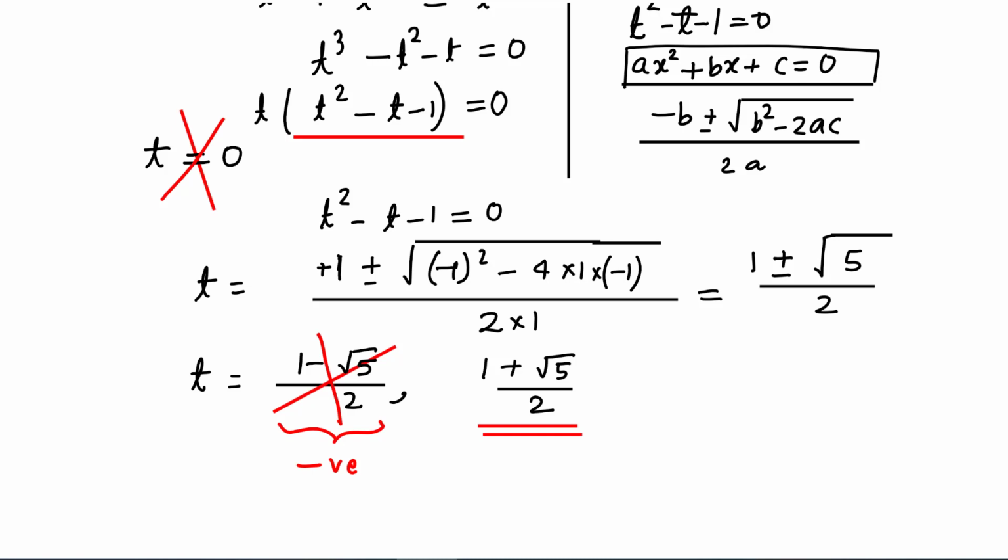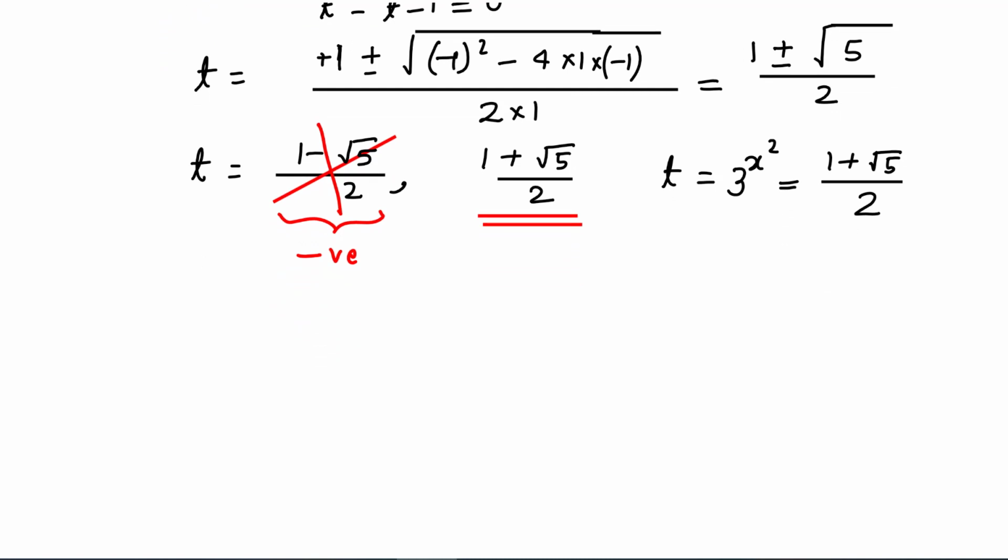And what is t? If you remember, t is nothing but 3 raised to the power x square, and this is equal to 1 plus root 5 divided by 2. So now I can take log and I can find the value of x. So 3 raised to the power x square is equal to 1 plus root 5 divided by 2.